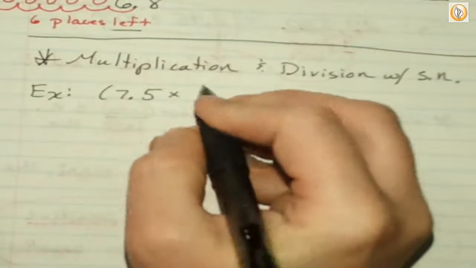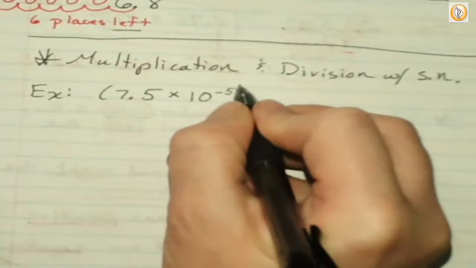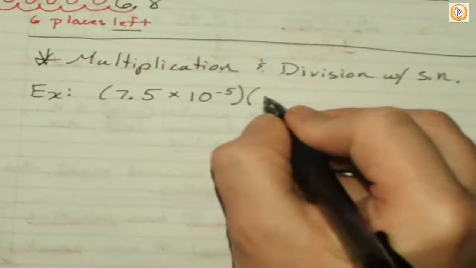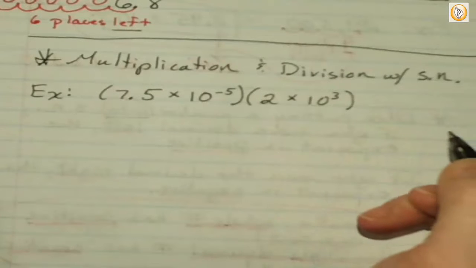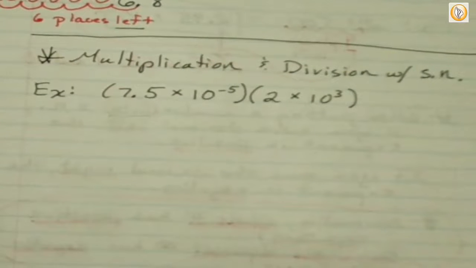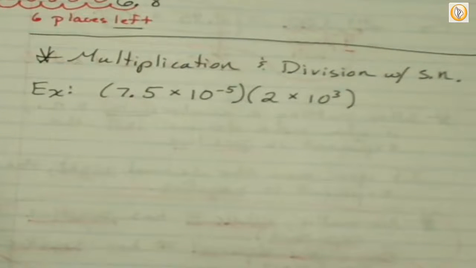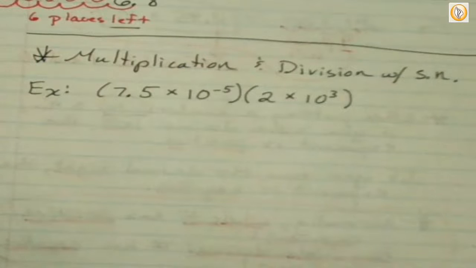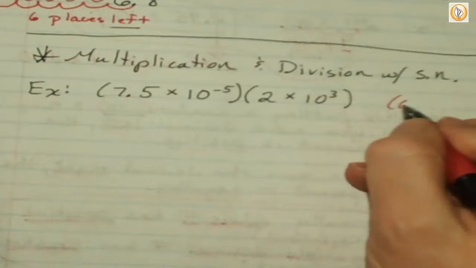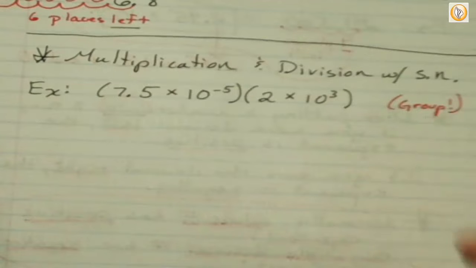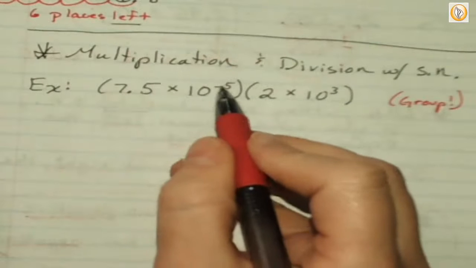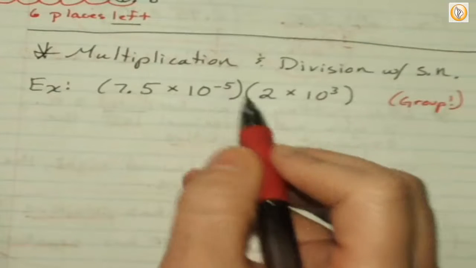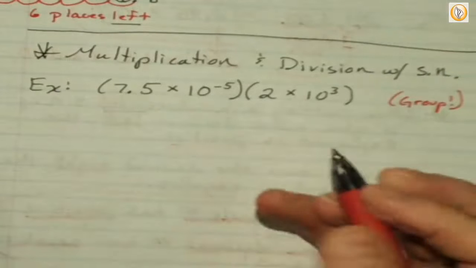7.5 times 10 to the negative 5 power times, because we're multiplying, 2 times 10 to the third power. Write that down. What you're going to do is you're going to group. So 7.5 times 10 to the negative 5 power times 2 times 10 to the third power.